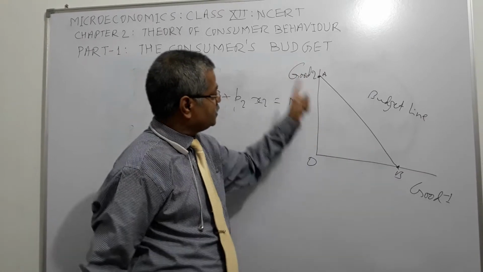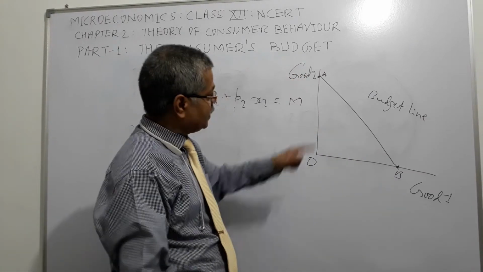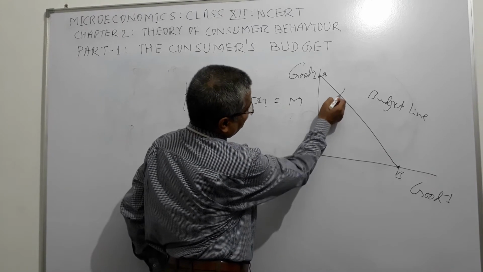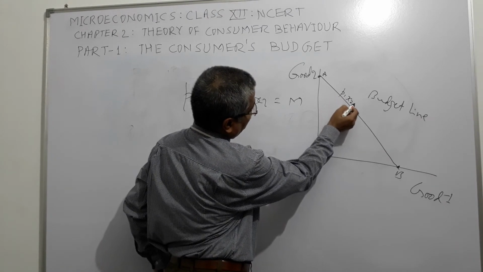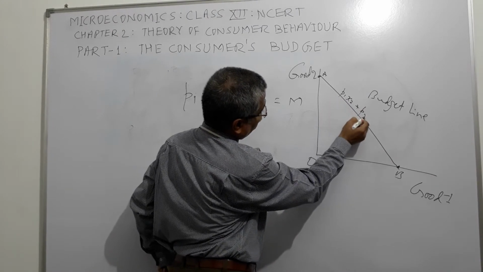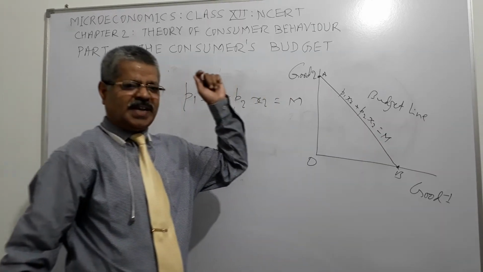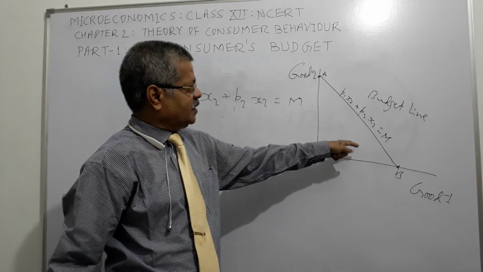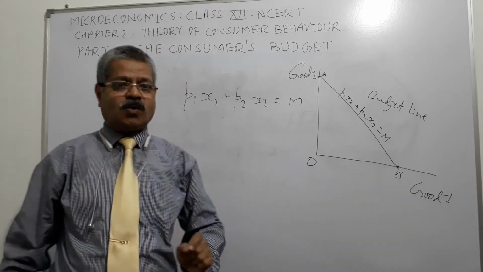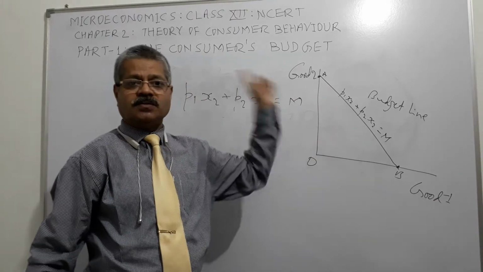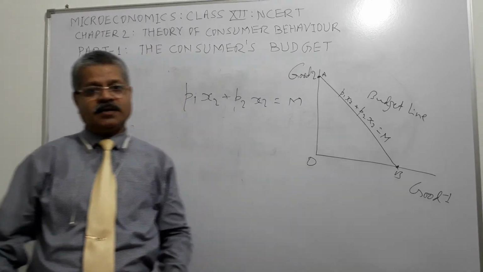This is good 1, this is good 2. And this budget line is very simple: P1x1 plus P2x2 is equal to M. You take any point on this budget line and the consumer spends all his amount on the bundles available on this line, the budget line.